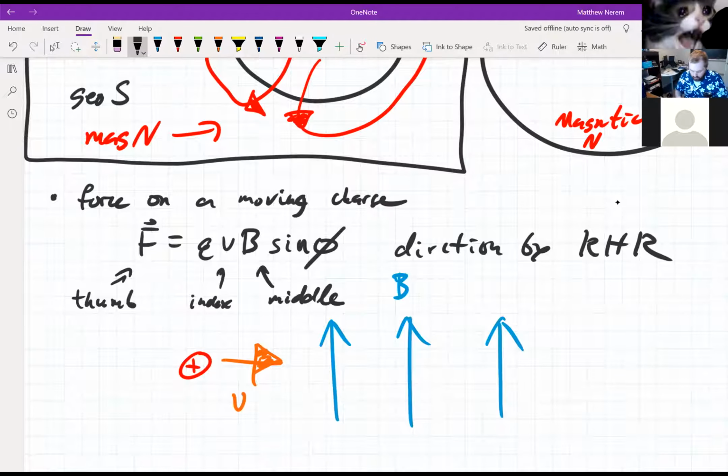Yes, there are lots of other ways to do this. I'm going to stick to this one as always. And if you're uncertain, ask and we'll do other versions. So force on this charge: I'm going to do velocity, I see magnetic field coming up, I'll see a force coming out of the page. See that in purple.